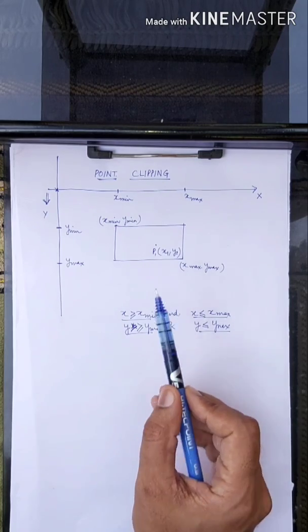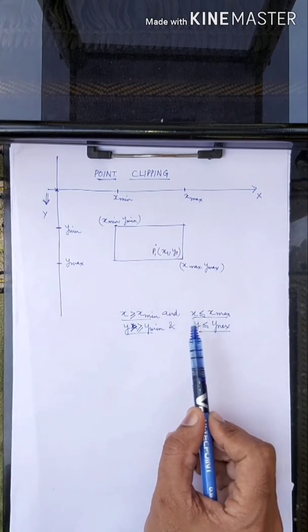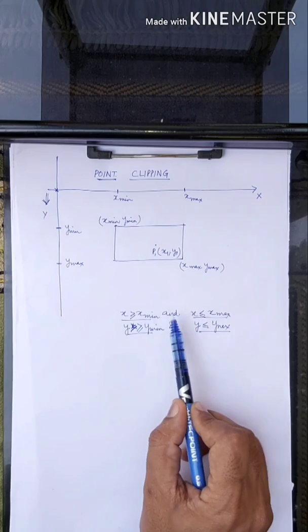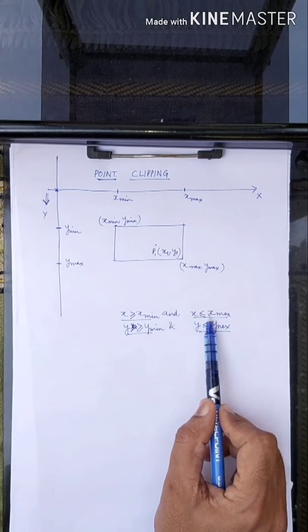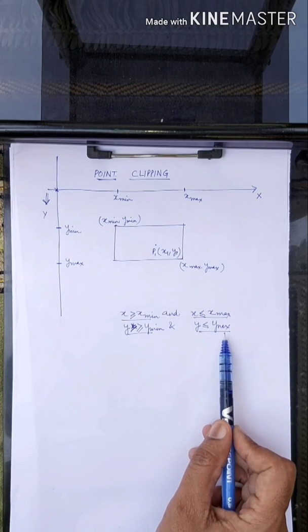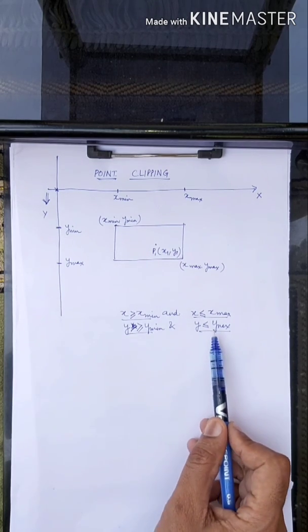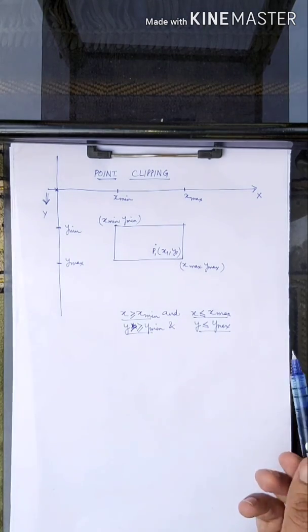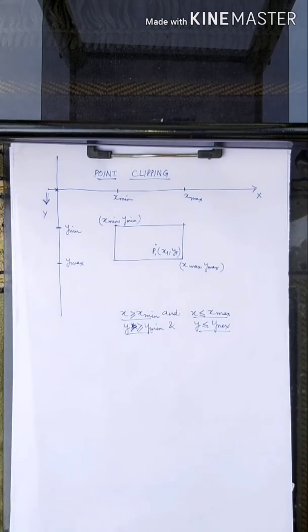So x1 will be compared with x min and x max. If it satisfies both the conditions, now y will be compared with y min and y max. If both these conditions are also satisfied, then this point is inside the window. Means after clipping, this point will be accepted as such.